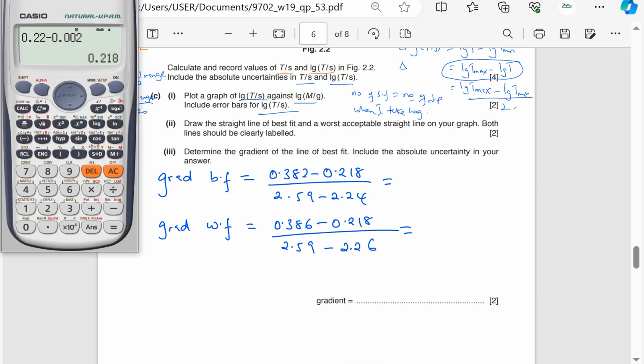So let me check the calculator. 0.382 minus 0.218 divided by 2.59 minus 2.24. So this is giving 0.469.